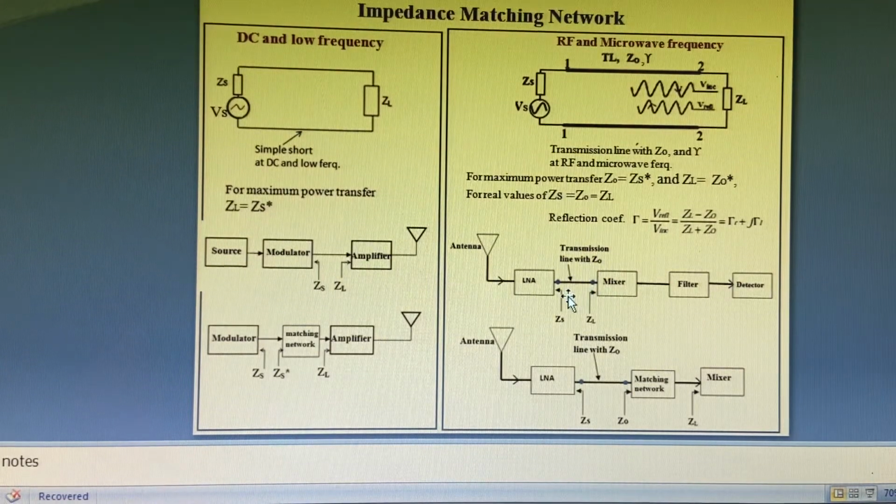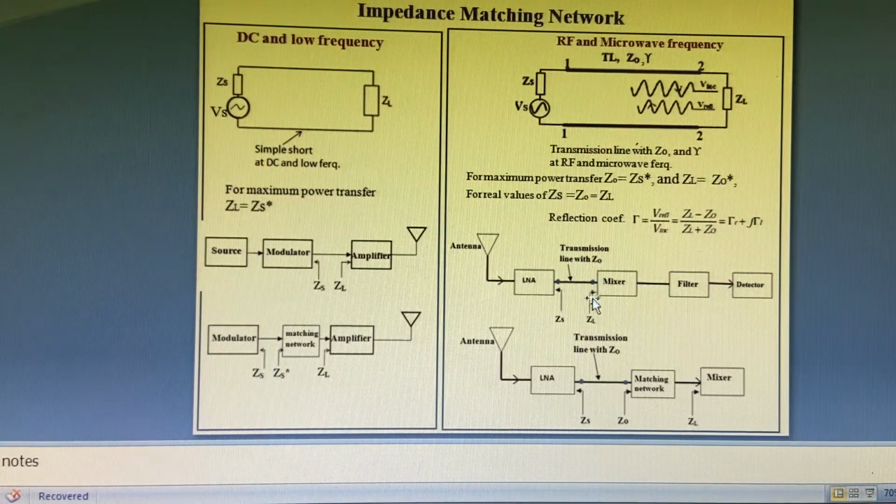We should match the output impedance of the LNA with the characteristic impedance of the transmission line and with the input impedance of the mixer circuit. It is impossible to have Zl matched with Z0 because it is the input impedance of a mixer circuit, so it is difficult to have a mixer circuit matched with the transmission line impedance.